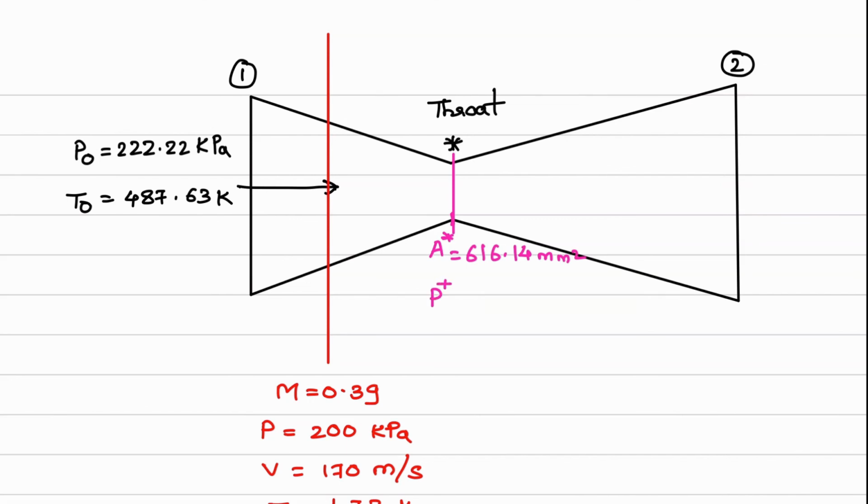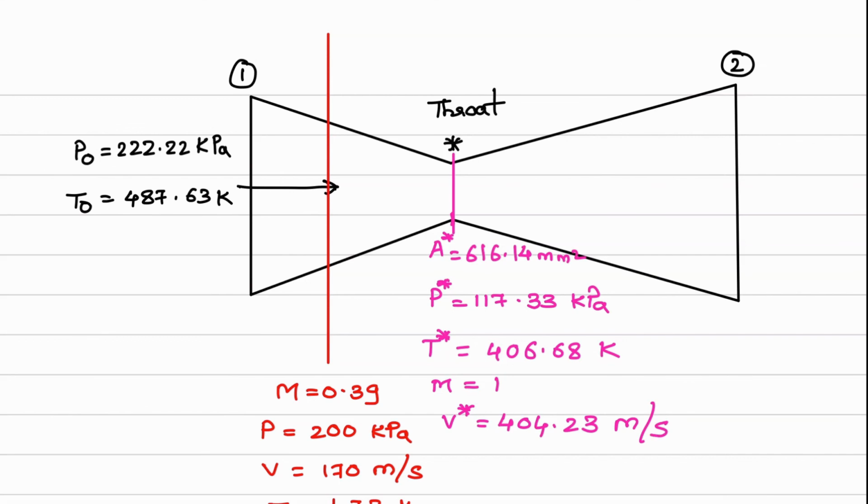So P star is equal to 117.33 kilopascal. Then T star is equal to 406.68 Kelvin, and Mach number is equal to 1 at throat, and V star also we had calculated. V star value means velocity of air at throat. It was 404.23 meter per second.